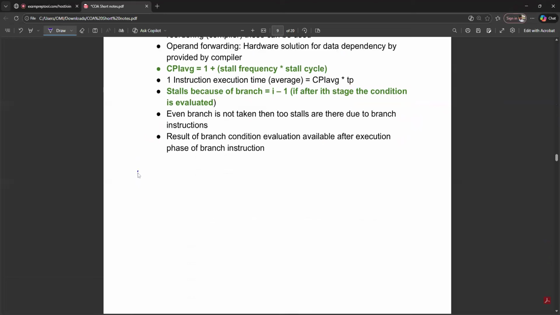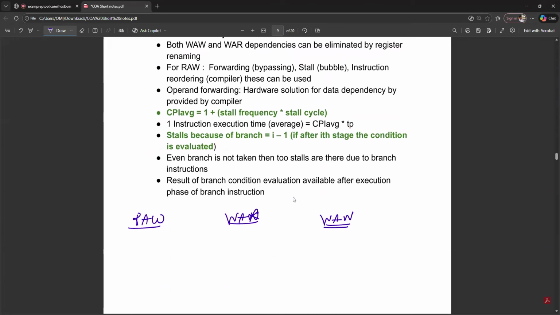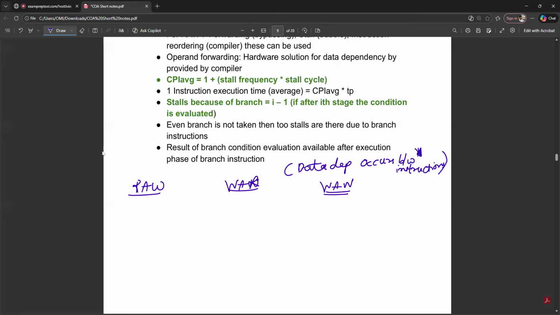Let me tell you what RAW dependency, WAR dependency and WAW dependency are. All these data dependencies occur between instructions, and please keep in mind, only between instructions.